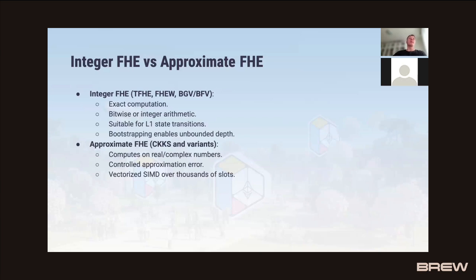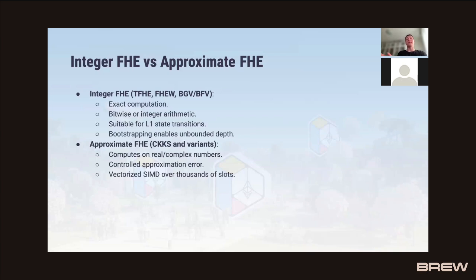While approximate FHE enables machine learning use cases because they compute on real and complex numbers. And there are a lot of advantages of these techniques because you can parallelize them well, so doing a lot of operations at the same time.